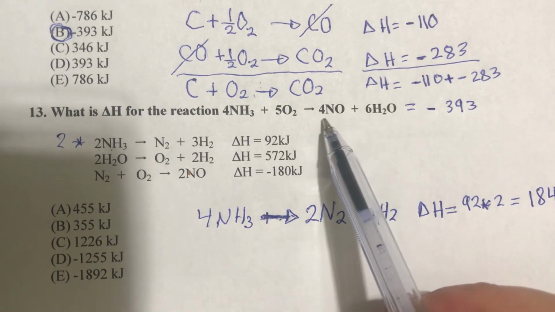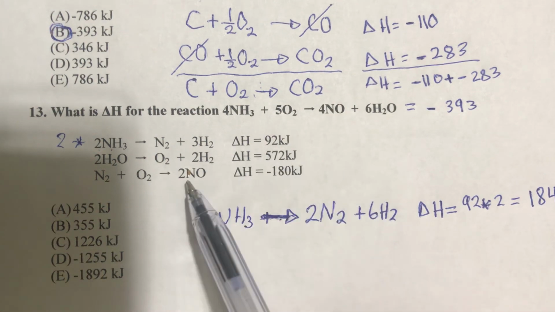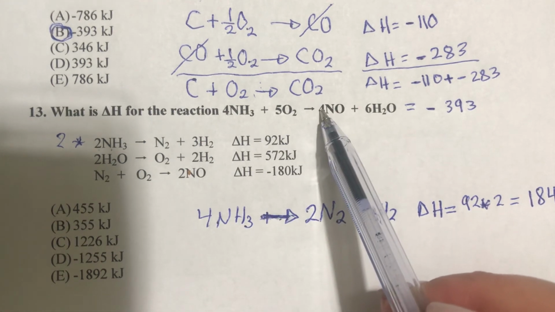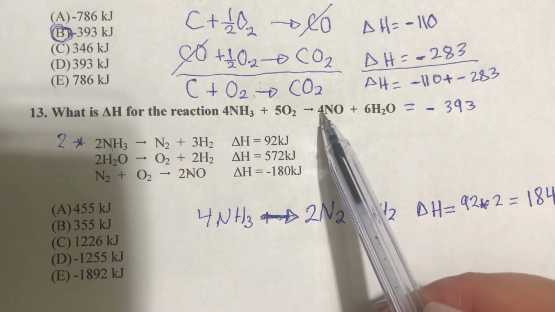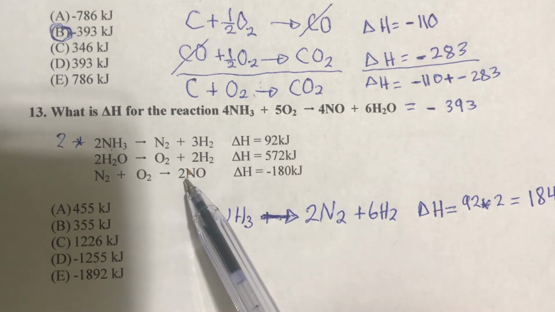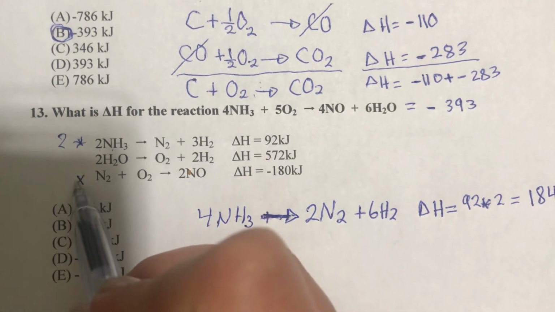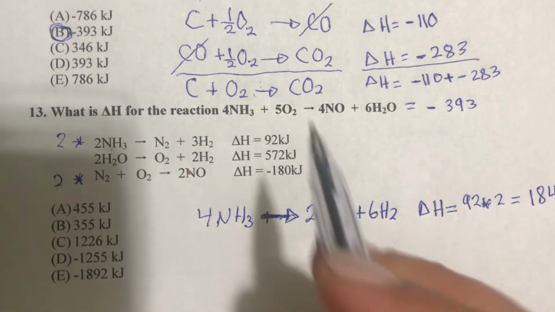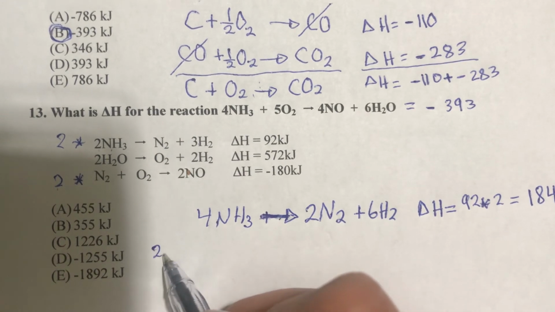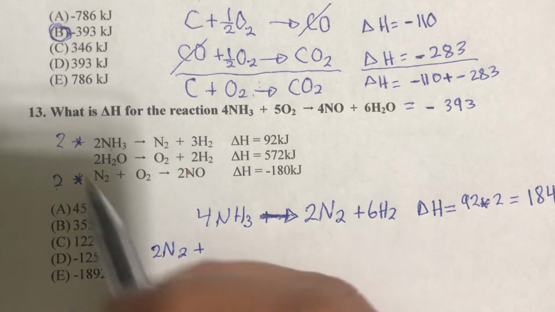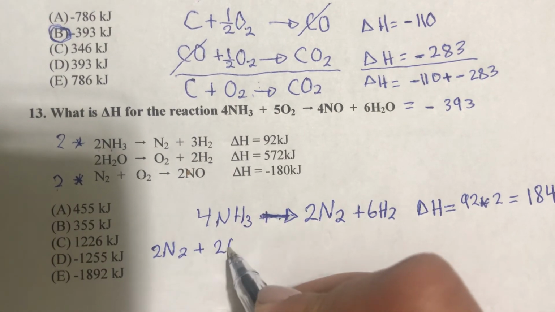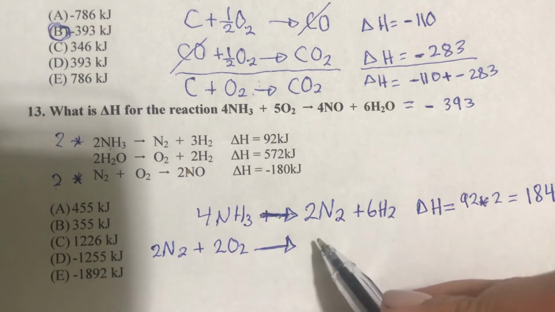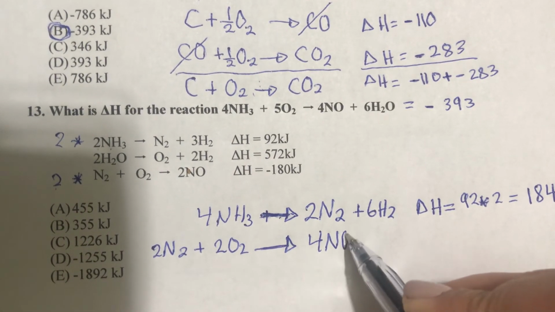Now, nitrogen monoxide here in the product, and here nitrogen monoxide in the product. But here you have 4 mole of nitrogen monoxide, and here you have 2. So you have to multiply this equation by 2. So 2 mole of nitrogen plus 2 mole of oxygen produced 4 mole of nitrogen monoxide.